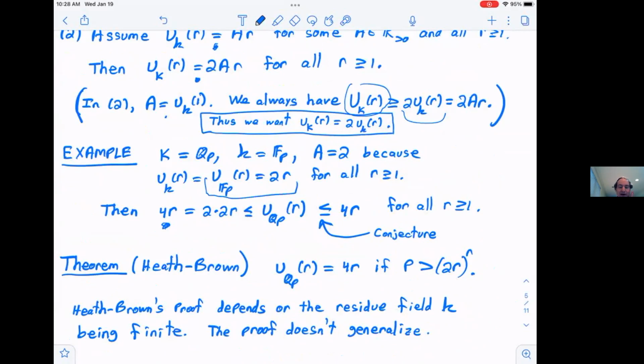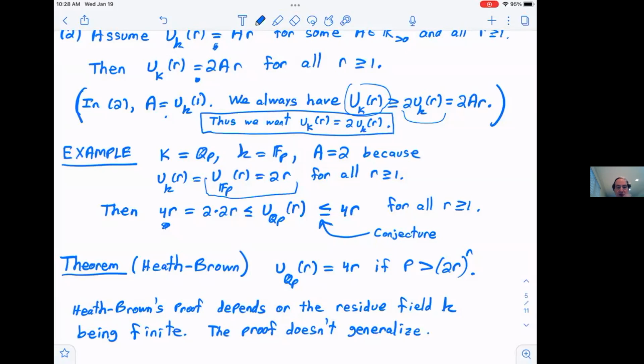First I'll say, yes, he did prove something a little bit more general. He proved the result for even finite extensions of Q_p, and then the residue field has to be bigger than 2 to the r. I'm just giving the simplest version. And it says here, Heath-Brown's proof depends on the residue field being finite.